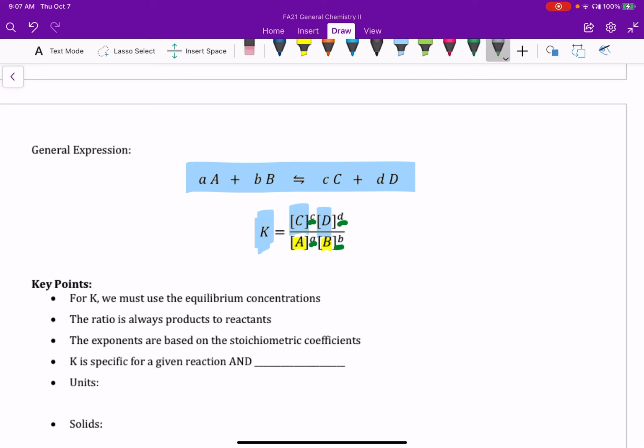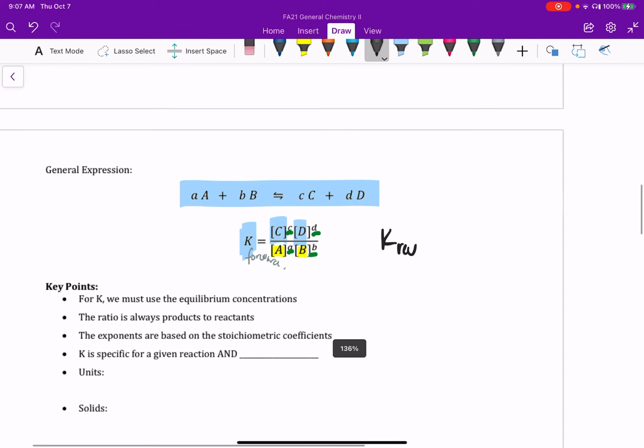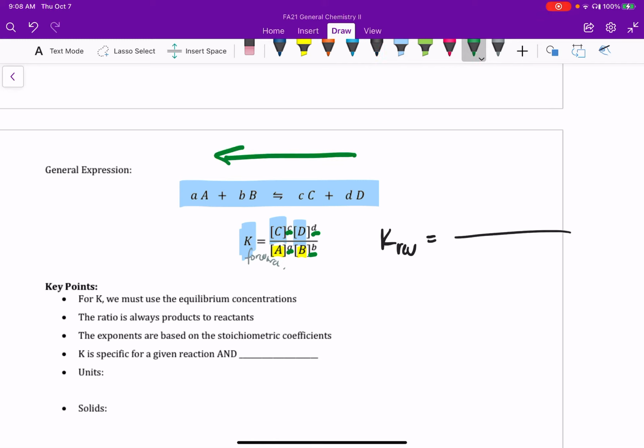So I'm going to specify this is K for the forward reaction, right? I could also write K for the reverse reaction. And if I do K for the reverse reaction, we want to just recognize that I would flip those reactants and products. So if I'm doing the reverse reaction, then these are my reactants and these are my products.